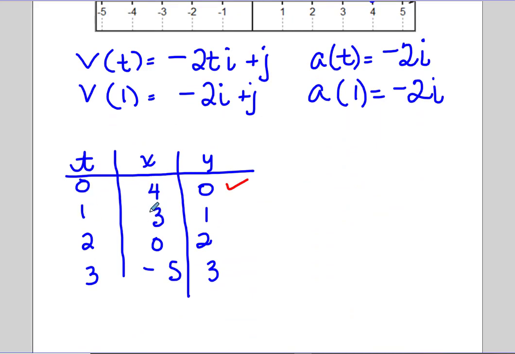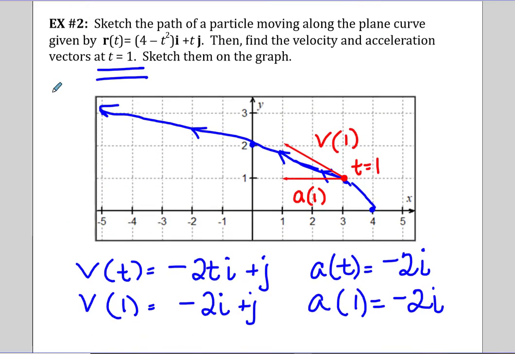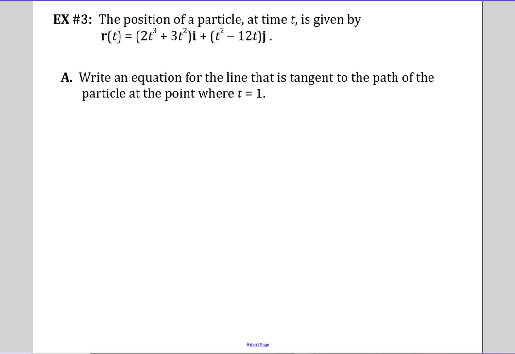When time was 1, I got the ordered pair 3, 1, and then 0, 2, and negative 5, 3. That's how I knew that I had the parabola going sideways at 4, 0, at 3, 1, at 0, 2, and then negative 5, 3. So you can always make a table if you don't have a graphing utility to do that.